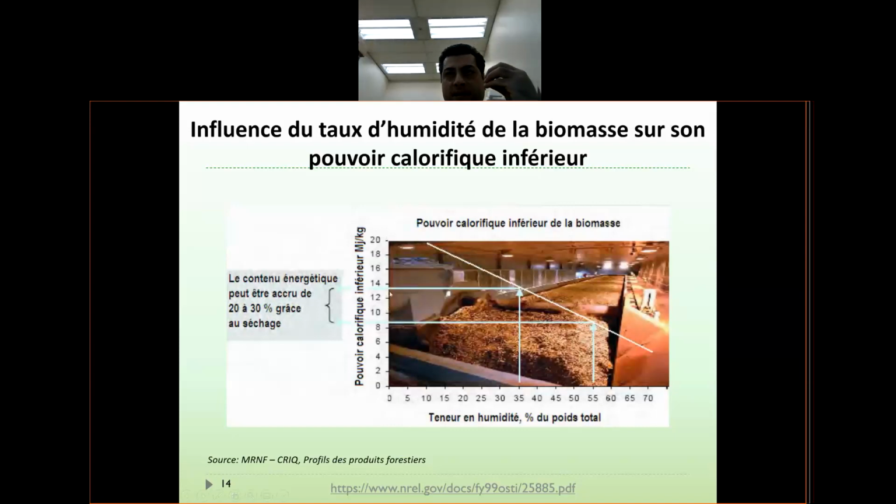So it is therefore important to reduce the water content of biomass in order to gain a more energetic biomass. By the way, there is a very interesting document. I want you to please click on this link later on and study different aspects of biomass drying. It's a very interesting document.